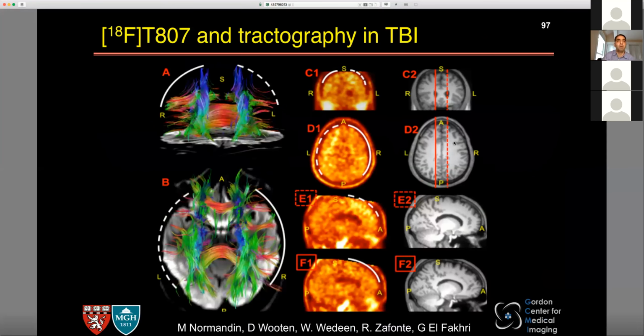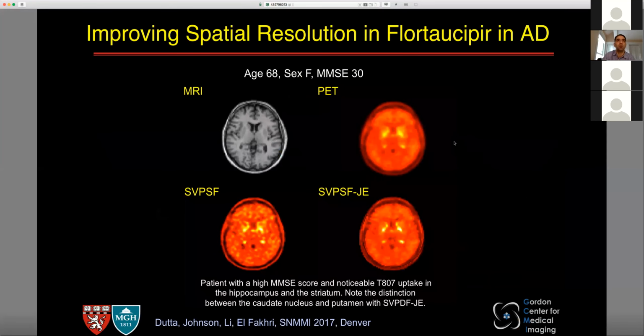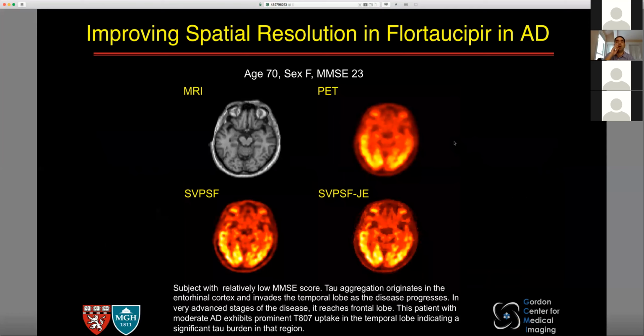I'm going to skip this. The last example I'm going to show you is this. What we're going to do here is use the MR as a prior in the PET reconstruction, meaning I know I have CSF here, I shouldn't have activity. I know I have bone here, I shouldn't have activity. I know I have a transition between CSF and gray matter, then gray matter and white matter.